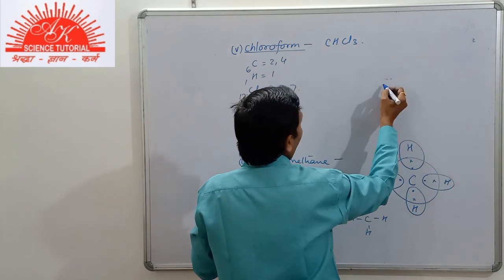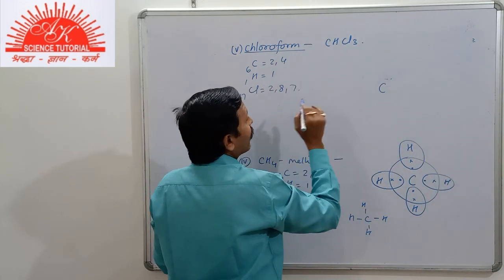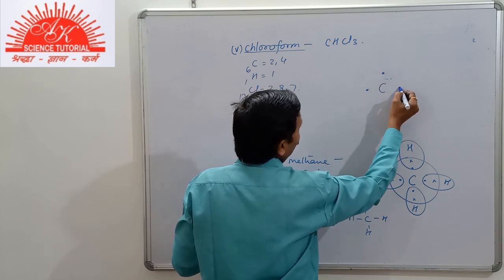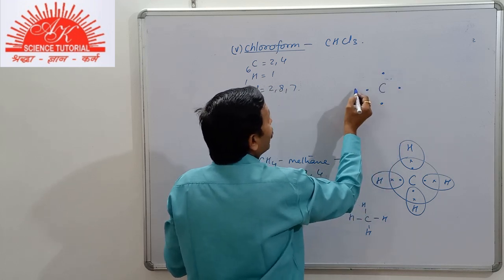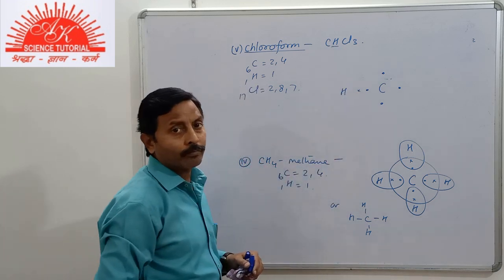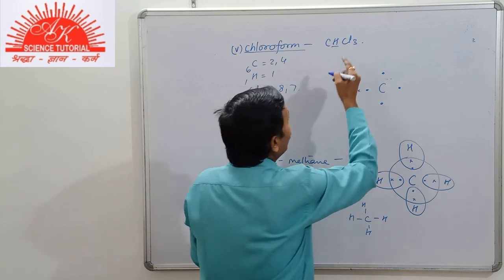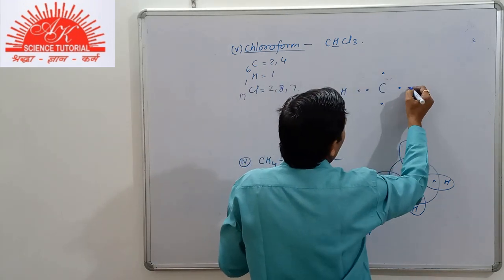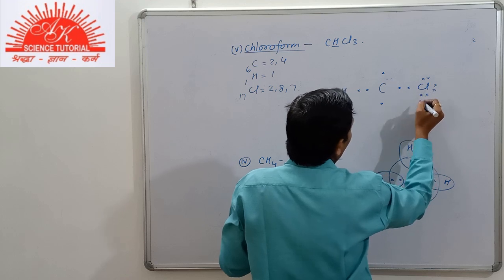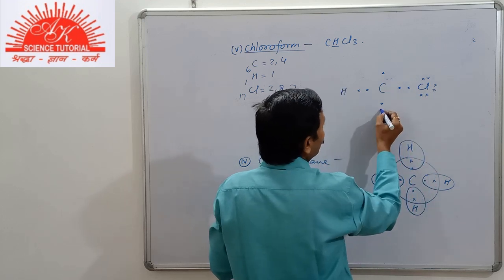Now, you can draw like this again. Carbon has 4 valence electrons. It shares 1 electron with 1 hydrogen atom, and there are 3 chlorine atoms. So each chlorine atom shares 1 electron with 1 electron of carbon.